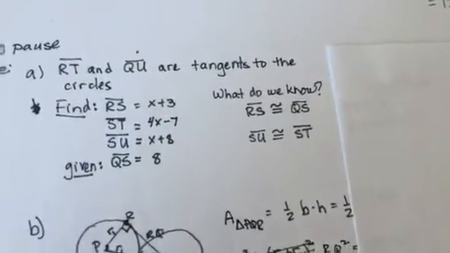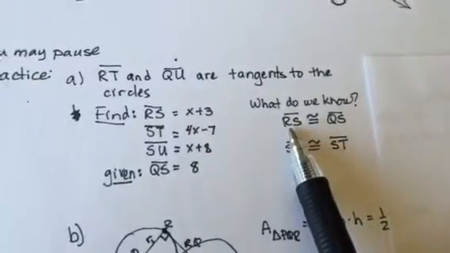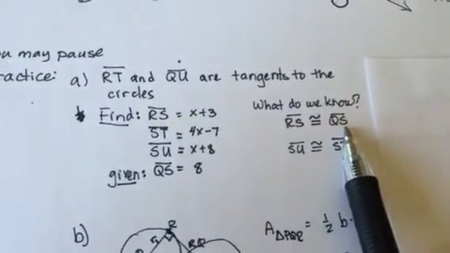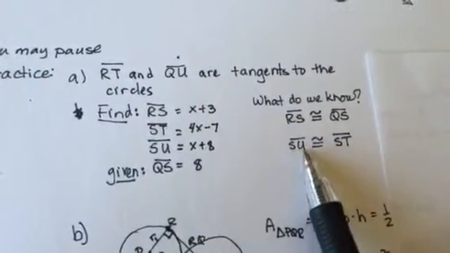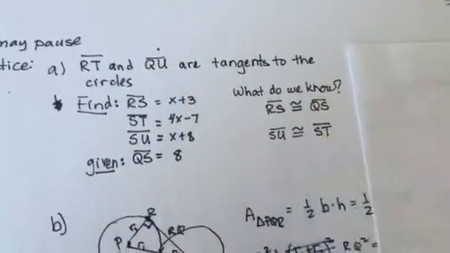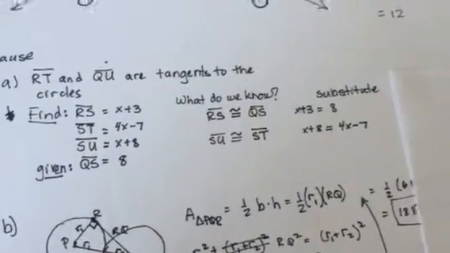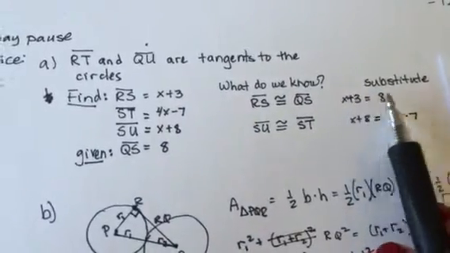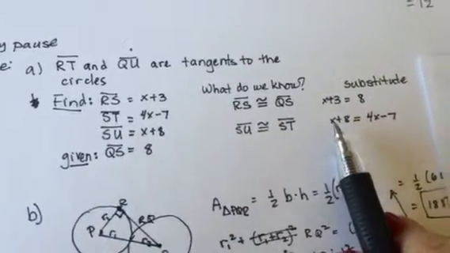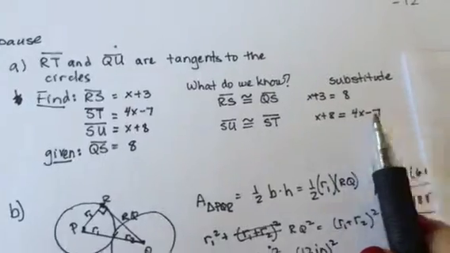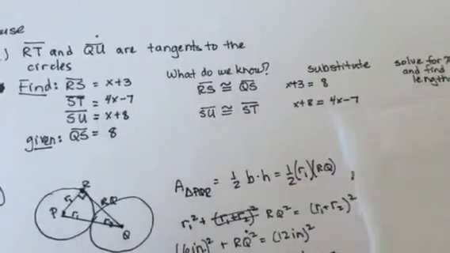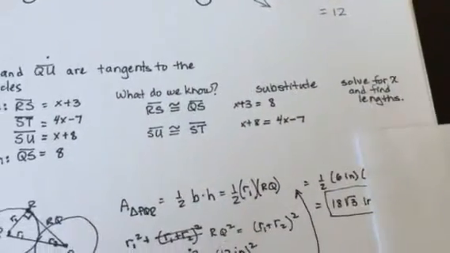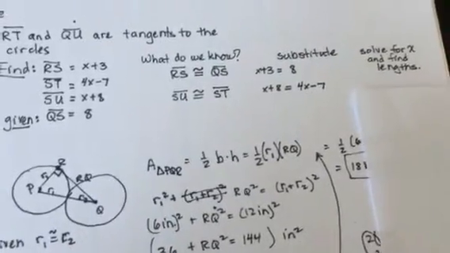Well, what do we know? We know from this that RS is congruent to QS and that segment SU is congruent to segment ST. So we're going to substitute in x plus 3 equals 8 and also x plus 8 equals 4x minus 7. We're going to solve for x and find our lengths.